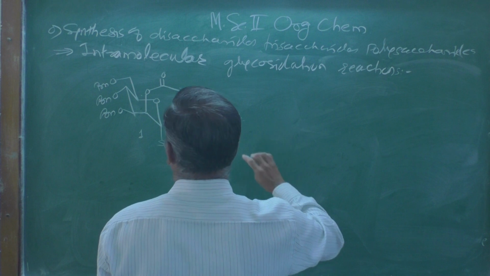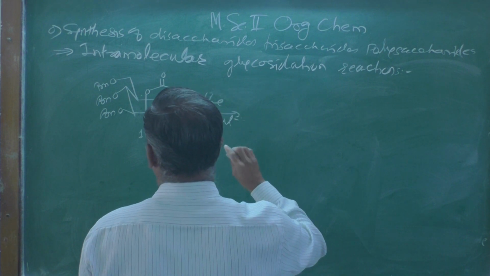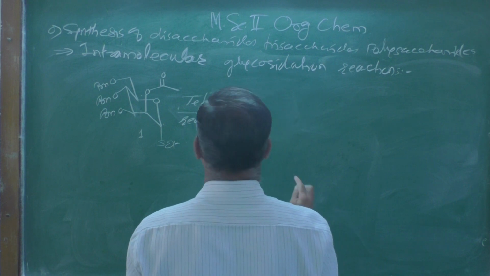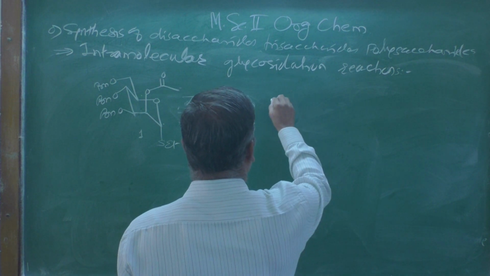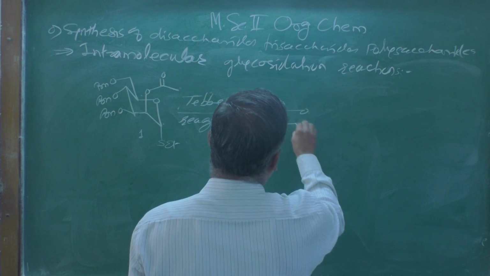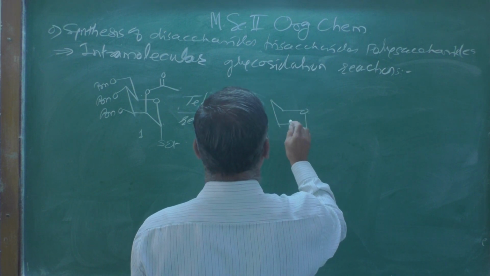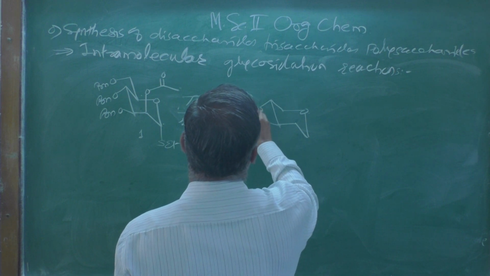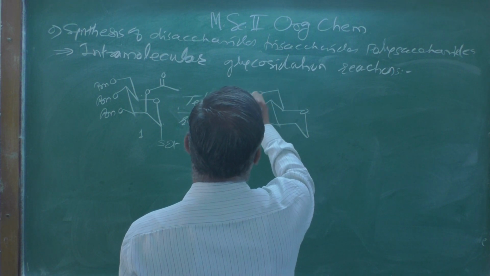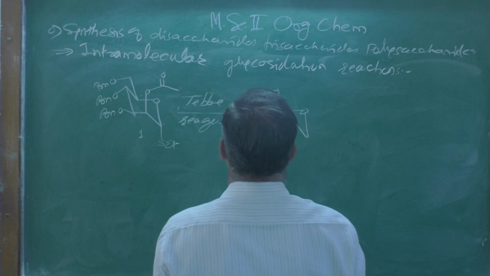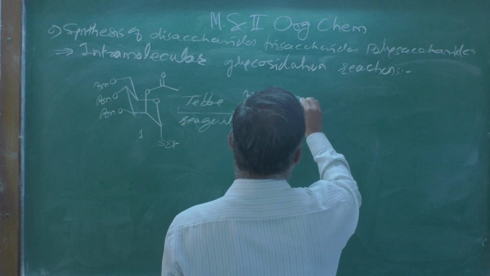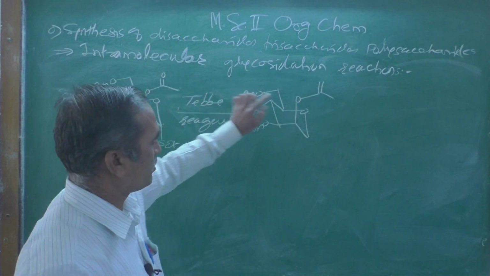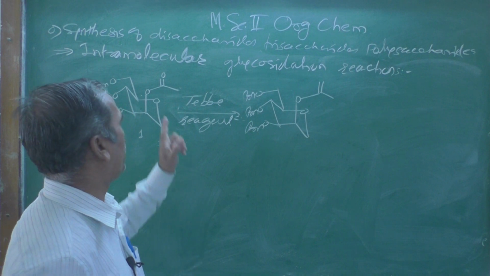The speciality of this reagent is that the ester carbonyl group can be converted into an olefin. Other things remain as they are. So we can show OBn as it is, and this O as it is; here this is the oxygen atom. Observe this structure and this structure carefully.